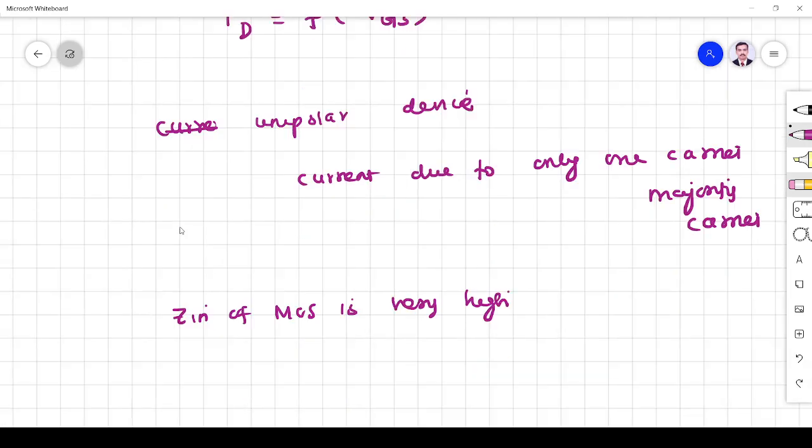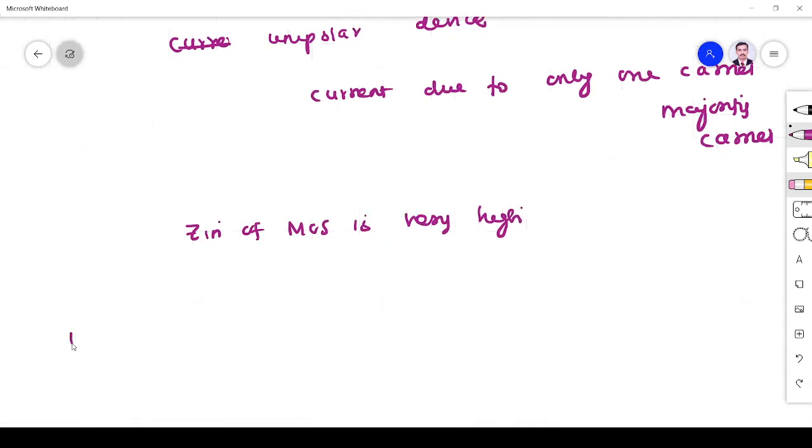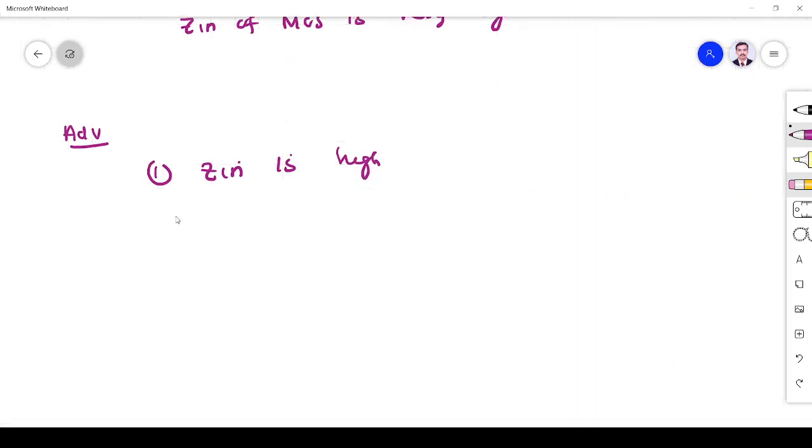And the advantages of MOSFET are another very important thing. The first advantage is that Zin is high, right? What is the advantage of high input impedance? That we will see during the course. The second one is that the noise immunity of MOSFET is high compared to BJT.